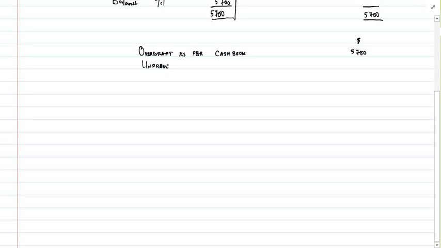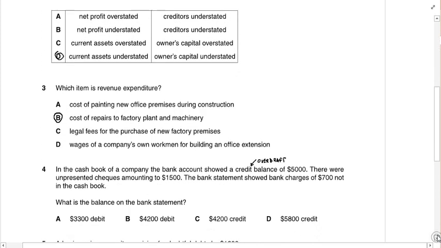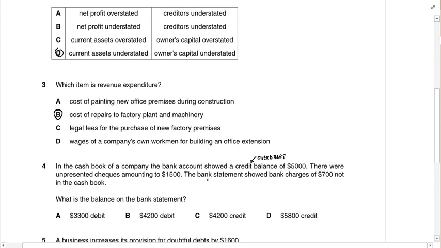So less unpresented checks, and the question is saying these amount to 1,500.